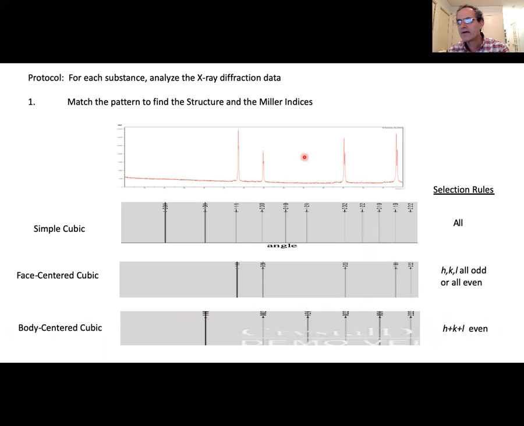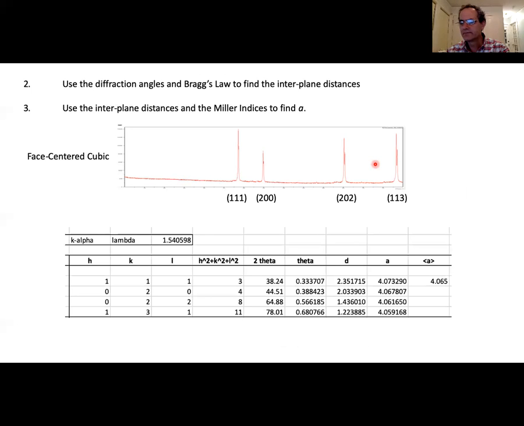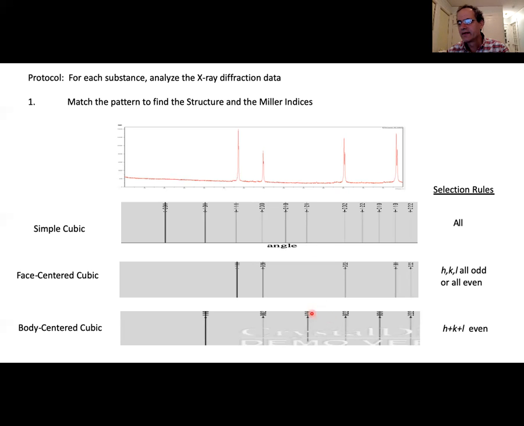Now, if you compare the pattern of lines that we see to these three different patterns, you'll be able to see pretty quickly which structure this material must have. Okay? So think about it. Have you figured it out? Okay. Clearly, it's face-centered cubic because this one has these two lines, as we see here, and then a gap, and then two more lines, as seen here.